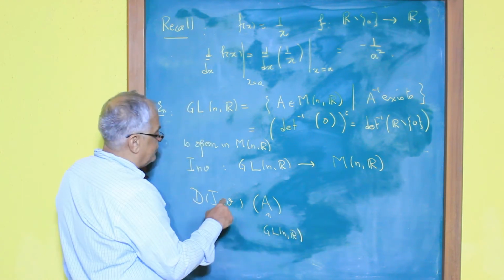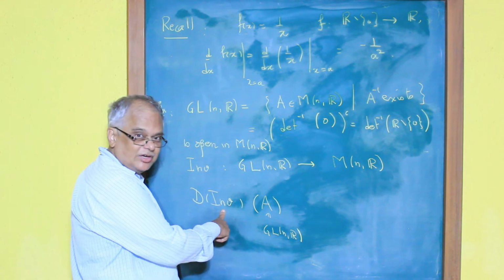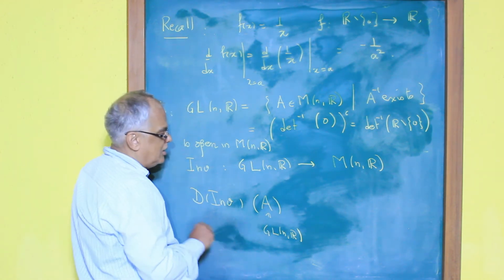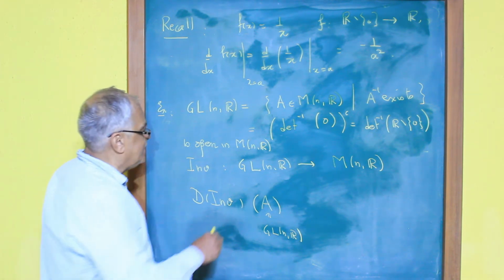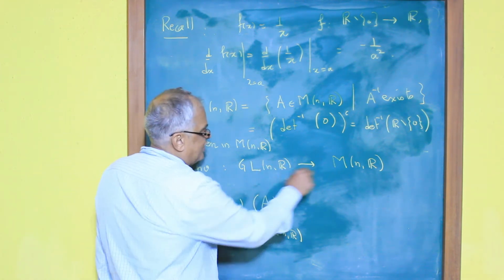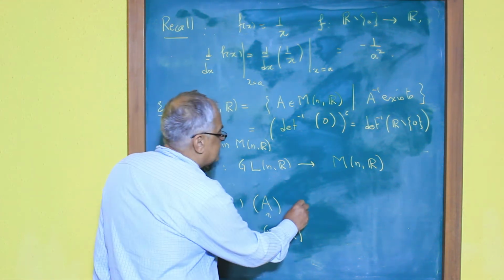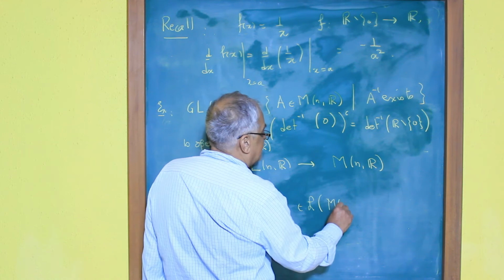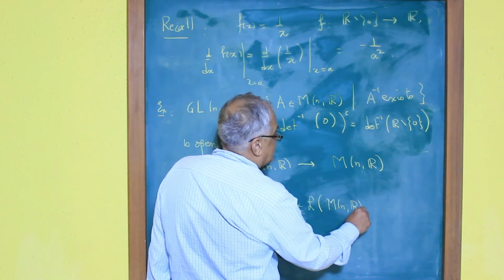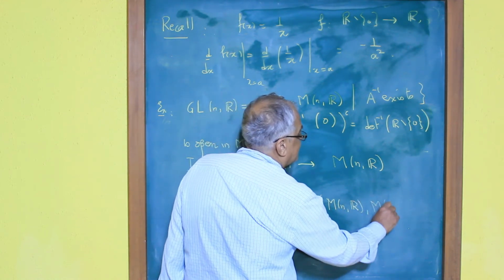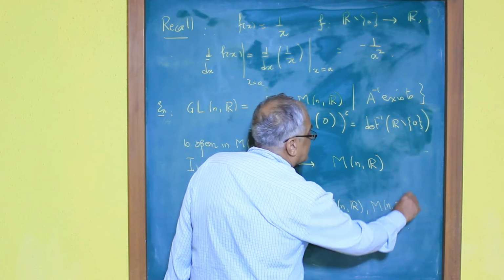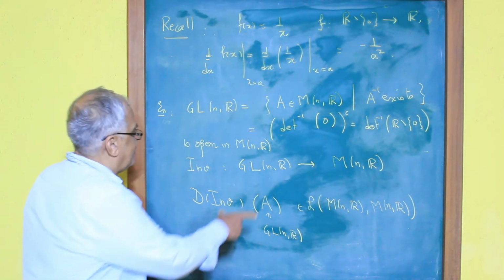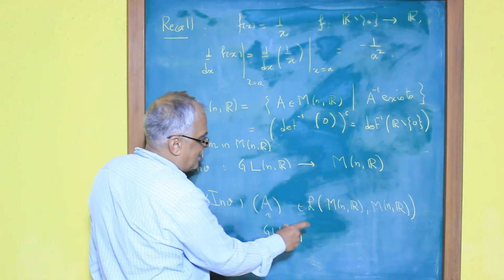So the derivative of the map INV evaluated at a point in GL_n(R). What should this be? This should be a linear map from the whole space to here. So this is a linear map from M_n(R) to M_n(R). Now I'm jumping a little bit here. GL_n(R) is an open subset of M_n(R). M_n(R) is a vector space.